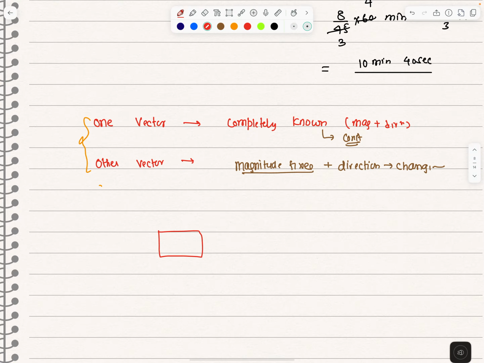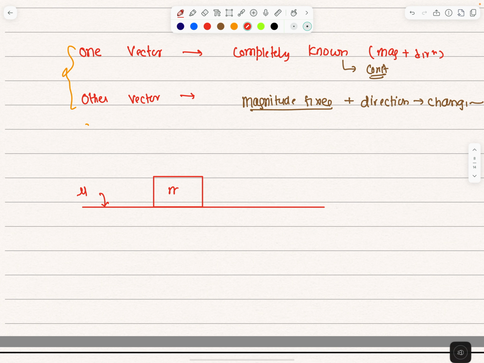Let's say there is a block. The coefficient of friction is given to you, mu. The mass of the block, let's say m. What is the minimum force required to move this block?